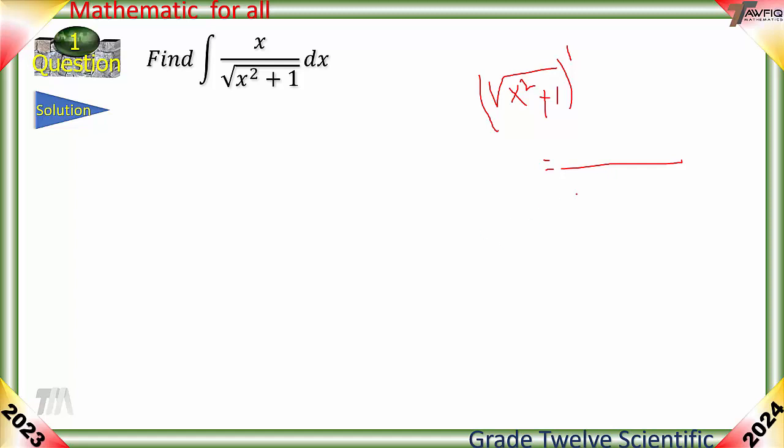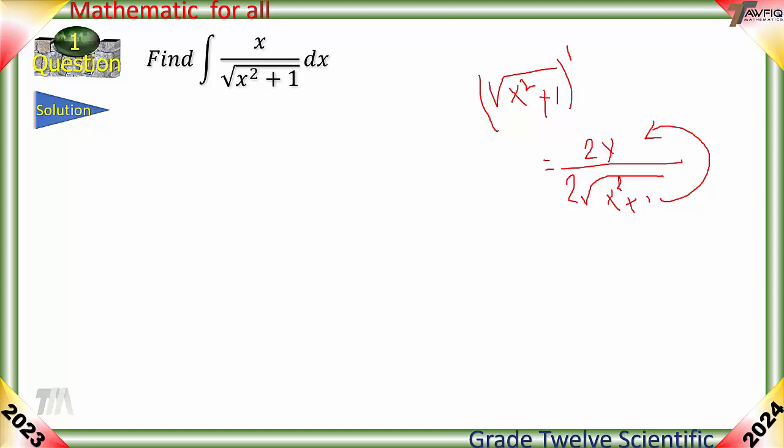First of all, write 2 at the denominator times the square root of x squared plus 1, and take the derivative of inside the square root and write it at the numerator. It becomes 2x.